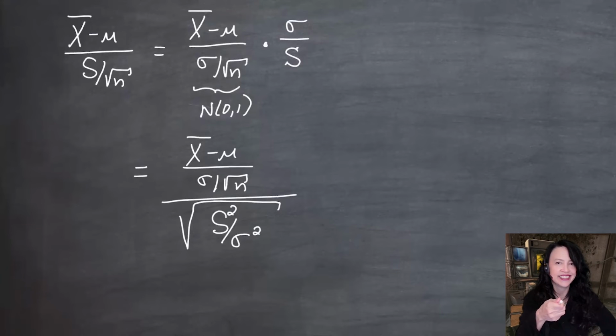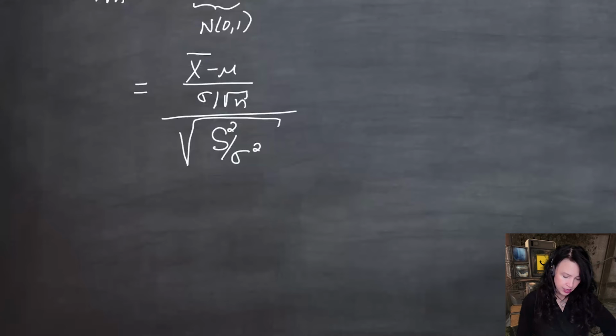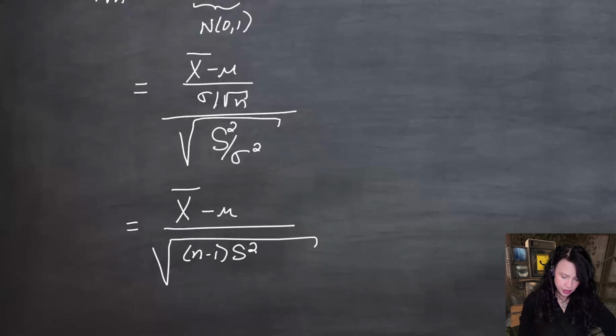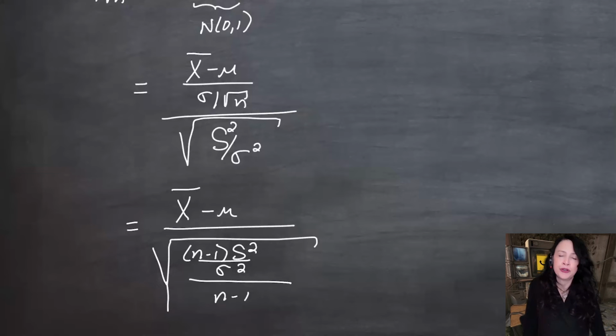Better yet, if I put an n minus 1 in there, I'll get something I know the distribution for, starting with a normal distribution. So let's write this as x bar minus mu over the square root of n minus 1 s squared over sigma squared, all over n minus 1. That's all under a big square root.